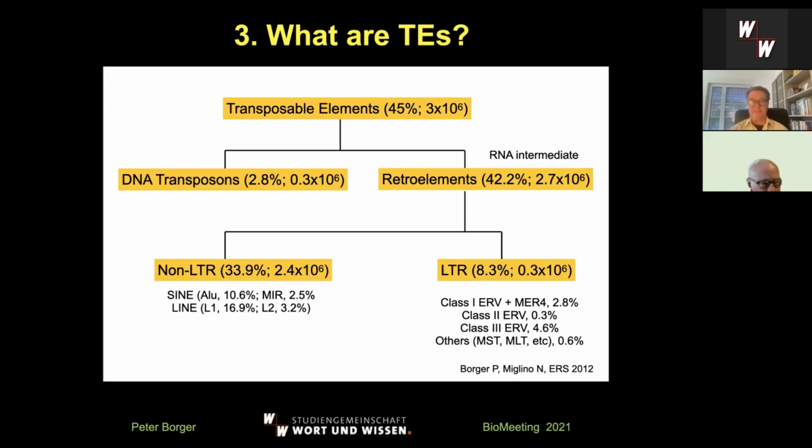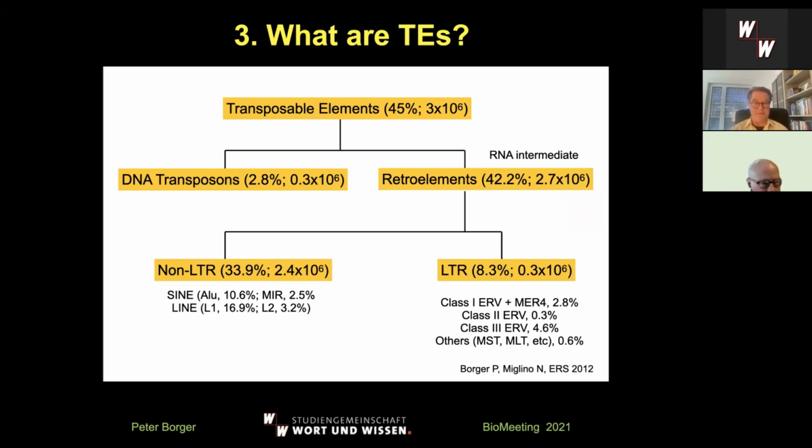It's simply a cut and paste mechanism. On the other hand, about 42% of the transposable elements consist of an element that uses an RNA intermediate. It means that it is transcribed, then it is reverse transcribed and put back into the genome. And as such, it is generating also variation.